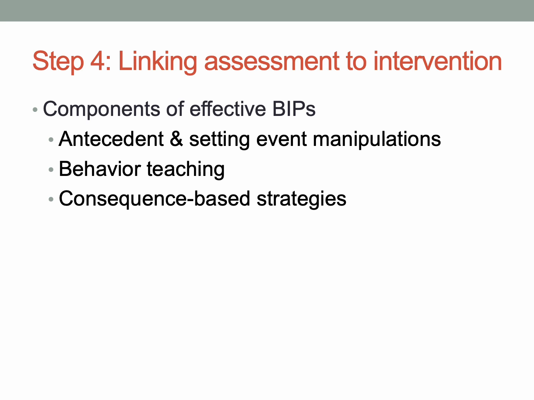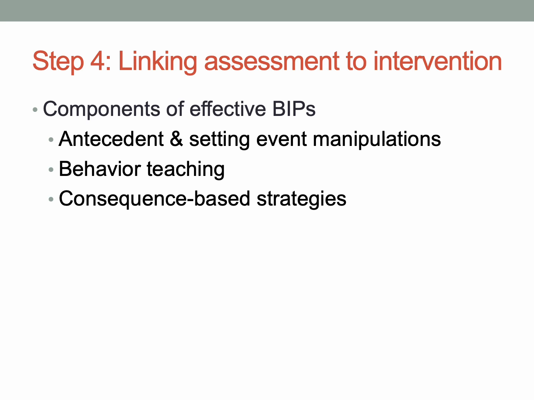Now you know that your ABC and the function you identified is true by testing. Then you will develop an intervention. It's called a behavior intervention plan. So once you finish the FBA, then you will develop the BIP, behavior intervention plan. This includes antecedent setting events intervention, behavior teaching, and consequence-based strategy.